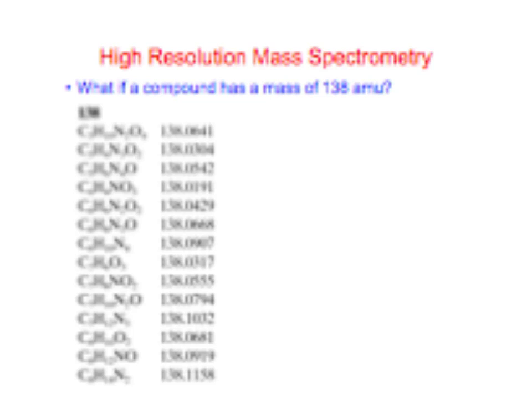Because otherwise, all it's going to do is go through the atomic masses and come up with any combination that adds up to 138.